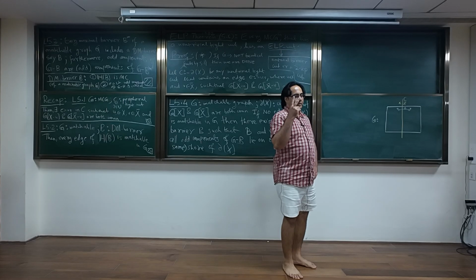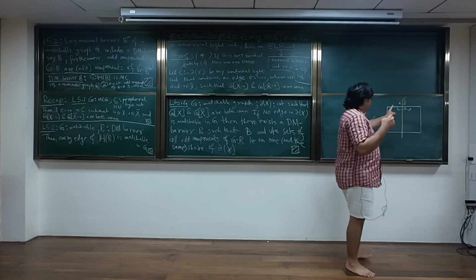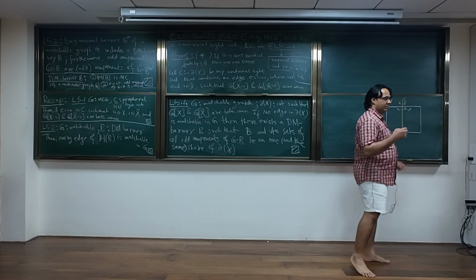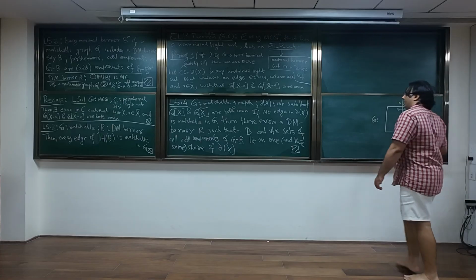And inside one of the cases, we'll consider three more cases. The easy case is the following. The only neighbor of u in X bar is v, and the only neighbor of v in X is u. That's case 1. Let's write it down.